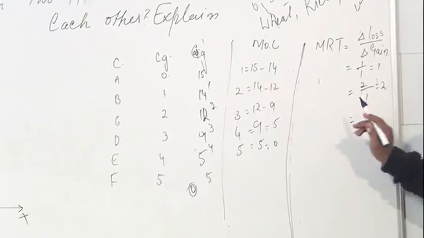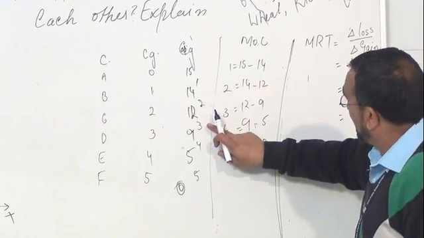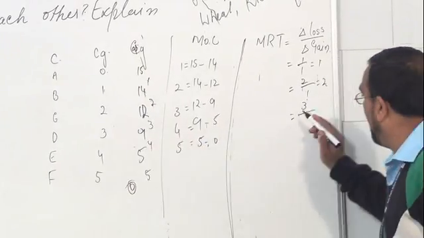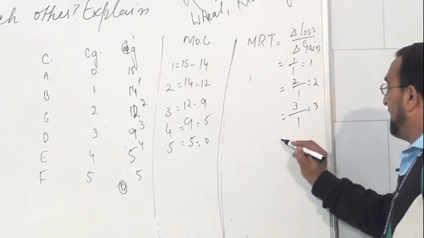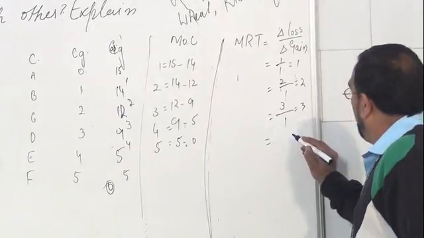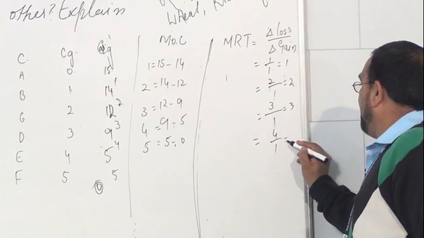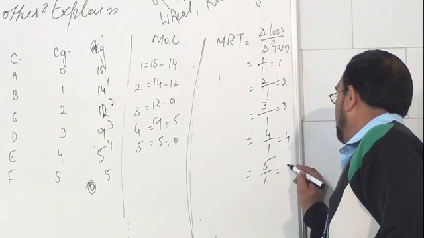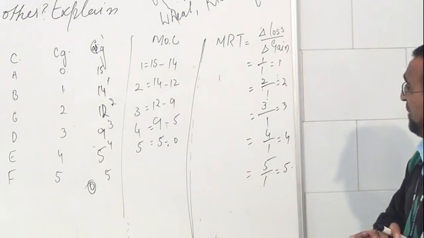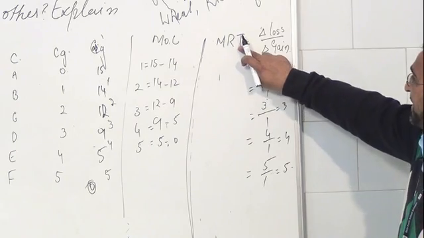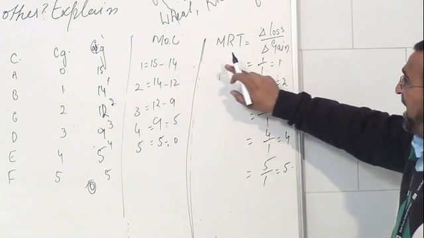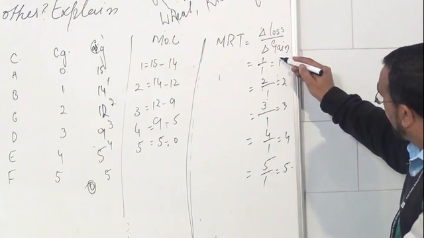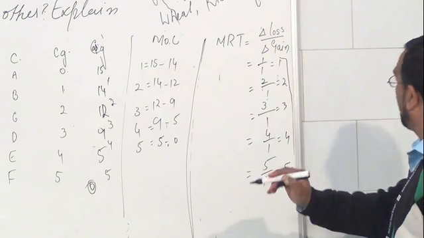And then delta loss is 3 divided by delta gain 1, is equal to 3. Then 4 divided by 1 is equal to 4. Then 5 divided by 1 is equal to 5. So this we call marginal rate of transformation. This marginal rate of transformation is increasing.